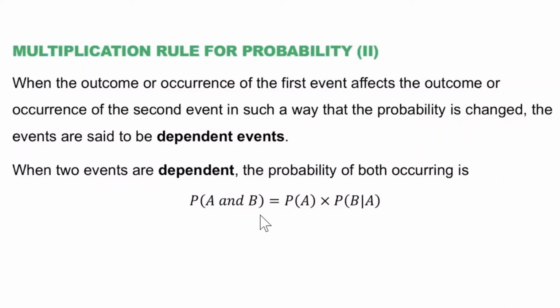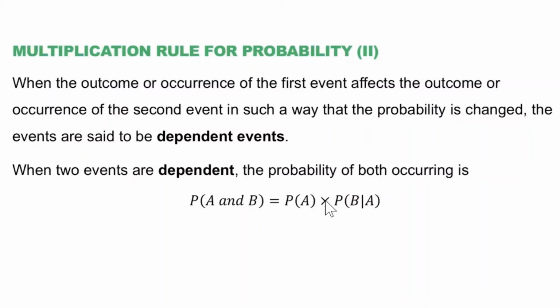In dependent events, the multiplication rule for probability will be this one. Probability of A and B is equal to probability of A multiplied by probability of B given A. So we have probability A and B, there is "and", so multiplication, definitely. Probability of A times probability of B, given A has already occurred.